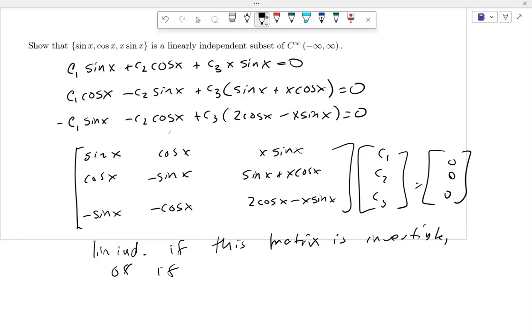And when we have functions, we mean not 0 all the time, right? The determinant would have to be 0 all the time if it's going to be linearly dependent.